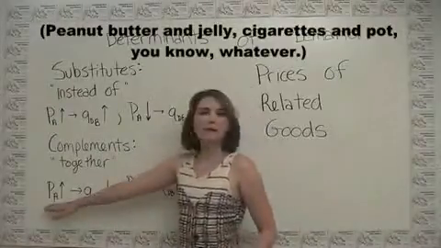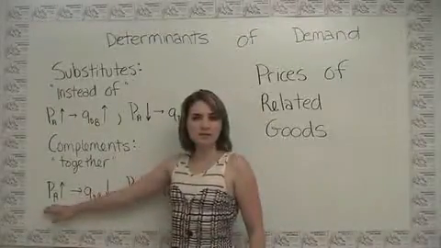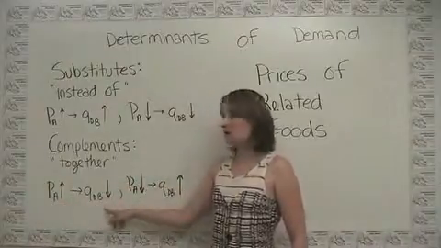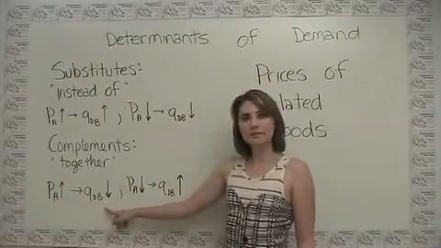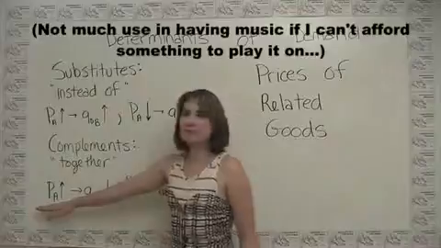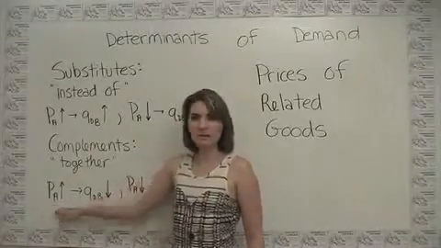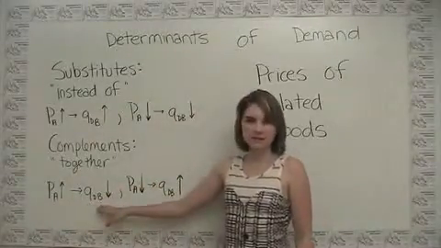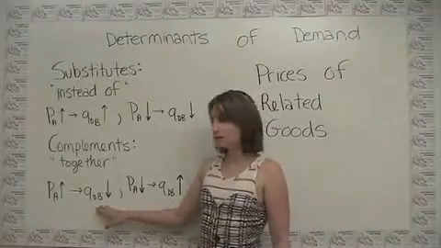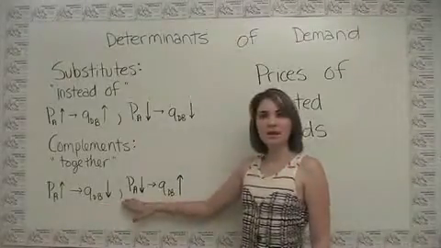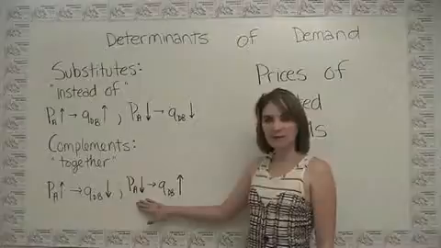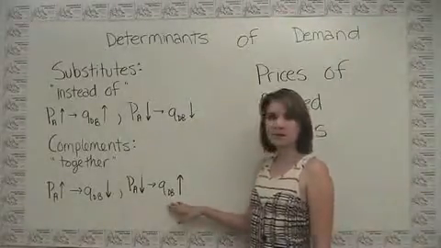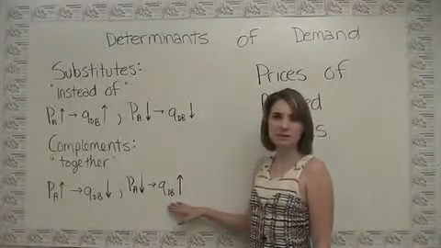In this case, as one of the goods gets more expensive, the demand for the other one actually goes down. So for example, if DVD players get more expensive, the demand for DVDs decreases. Conversely, as DVD players get less expensive, the quantity demanded of DVDs increases.